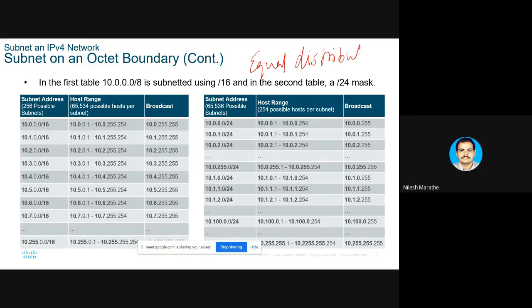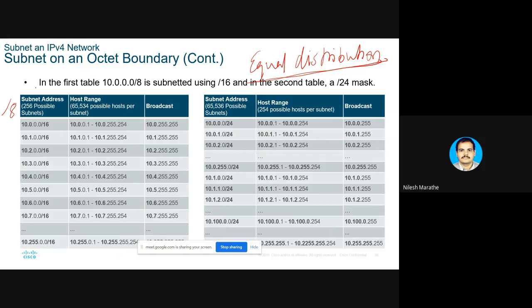But is equal distribution always the right way of doing things? That we have to find out today. So let me go for this first. In the first table, 8 is subnetted using 16. It means that we have the allocation of 8 subnet masks, divided into 16 equal parts.